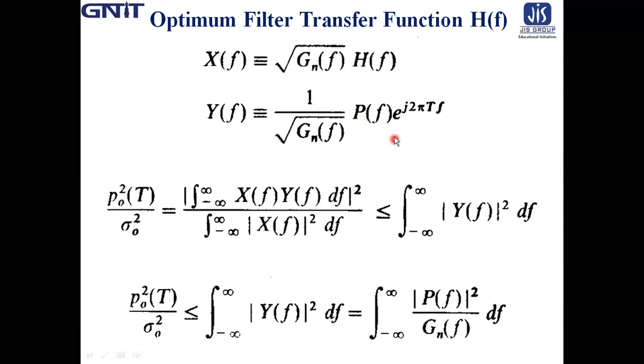Putting the value of y(f), that is the integral from minus infinity to plus infinity of |P(f)| square by Gn(f), and the exponential part, cos theta plus j sin theta, has mod square equal to 1, so only the |P(f)| square term exists, and in the denominator Gn(f) df.